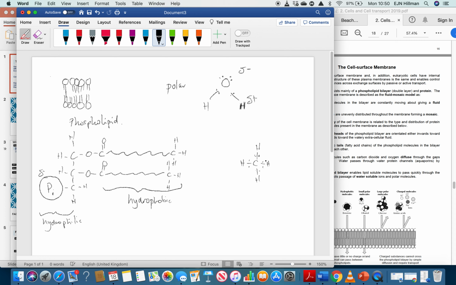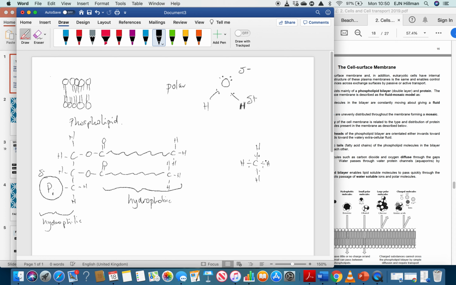And in fact, it doesn't do it very easily. Another example might be something like an ion. So a sodium ion definitely cannot. Okay, so it's unable to pass through that hydrophobic fatty acid region between the bilayer. Okay, things that can are non-polar.